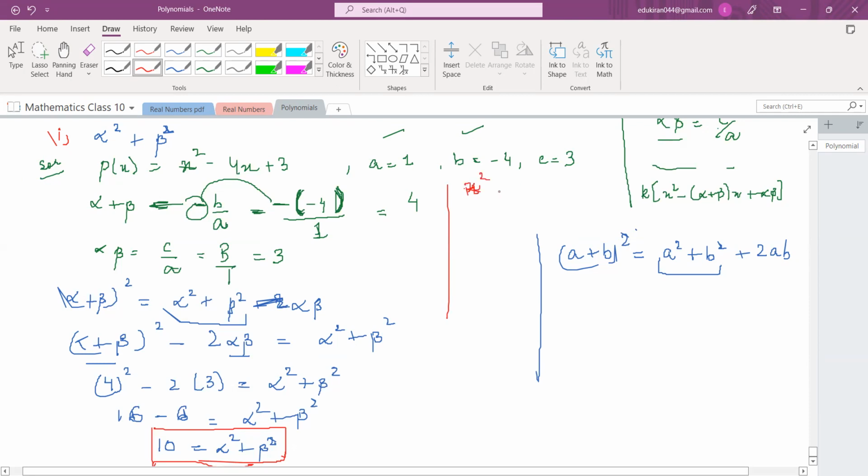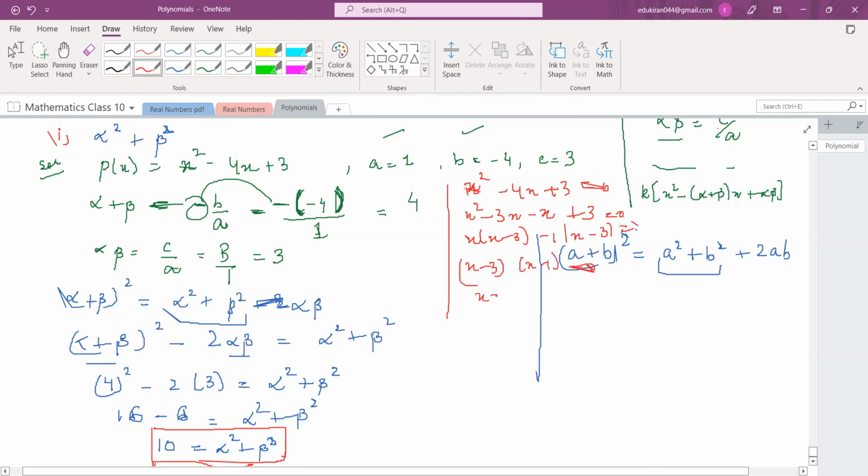For example, we have this x square minus 4x plus 3, right? Split the middle term. What will you get? x square minus 3x minus x plus 3, and x minus 3, then minus 1, and x minus 3 is equal to 0, because I'm finding zeros. And then x minus 3 into x minus 1 is equal to 0.